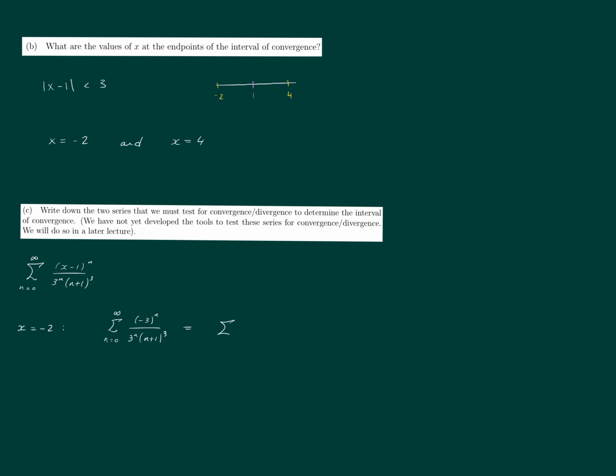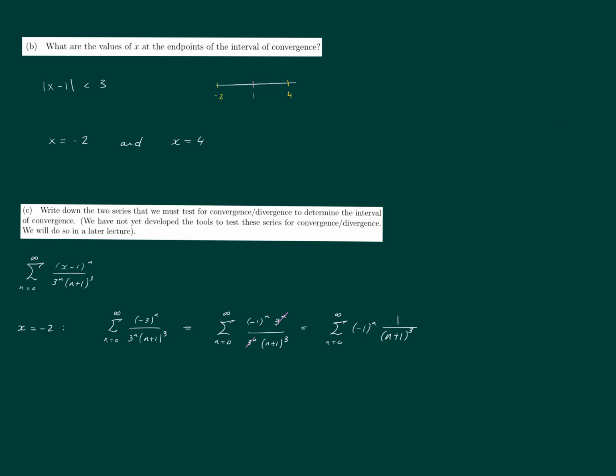We can break up the minus 3 to the n as minus 1 to the n times 3 to the n. And of course then the 3 to the n's cancel. And we're just left with sum n equals 0 to infinity minus 1 to the n times 1 over n plus 1 cubed.